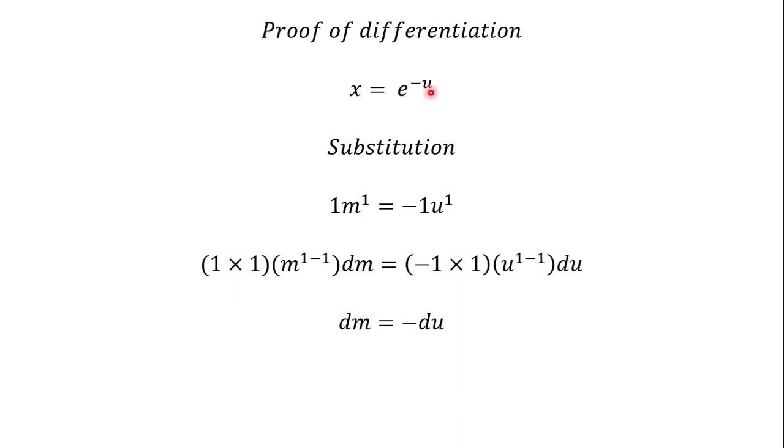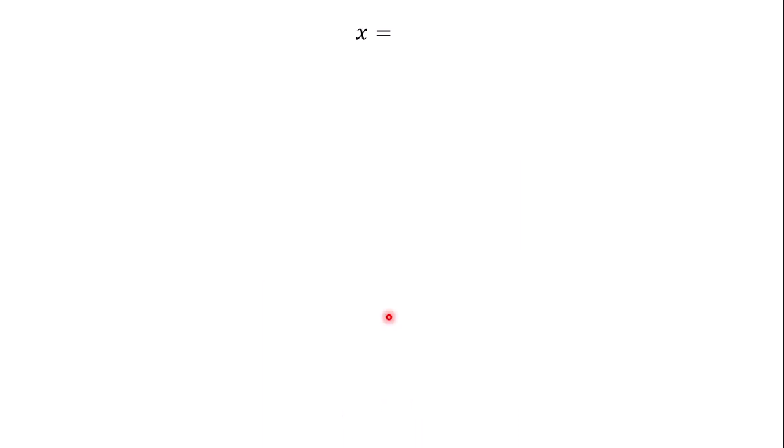Now let's go back to the original question. x is equal to e to the power m because of the substitution. Now let's differentiate this. When you differentiate this, you're going to get dx equal to e to the power m dm. Now let's put everything back here. m is equal to minus u and dm is equal to minus du.